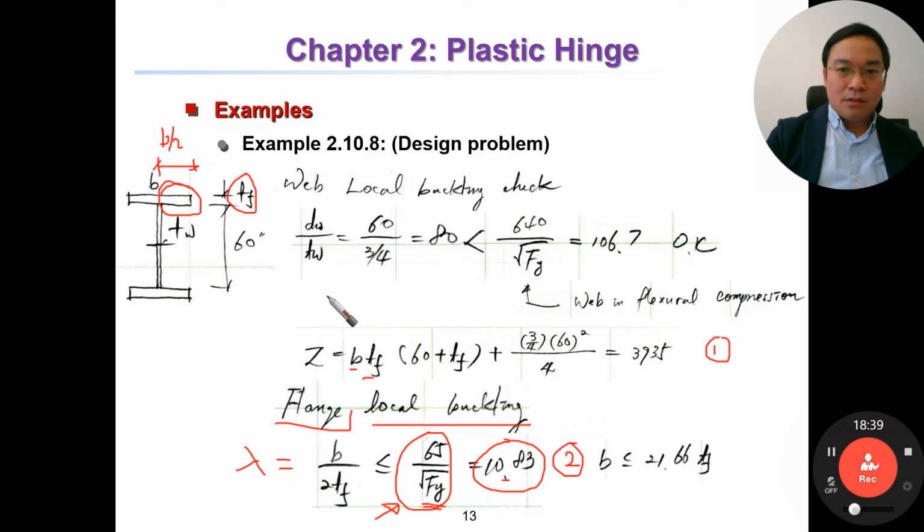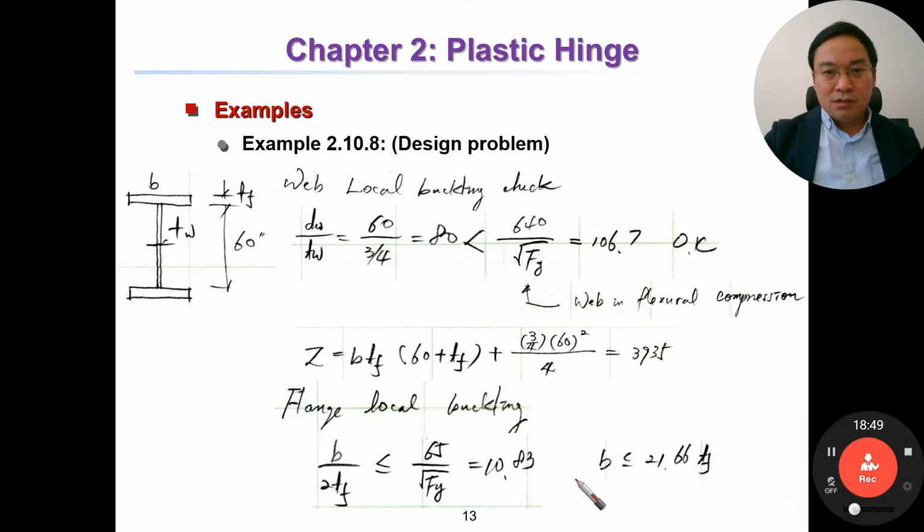Then, from this equation we can shorten it. This equation becomes B smaller than this one. So it's simple. 2 multiplied by this part equal to this one, and TF here.